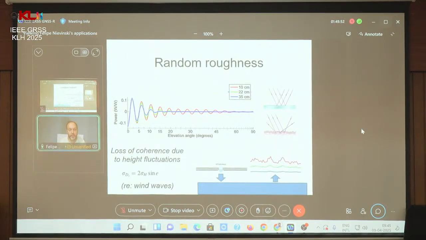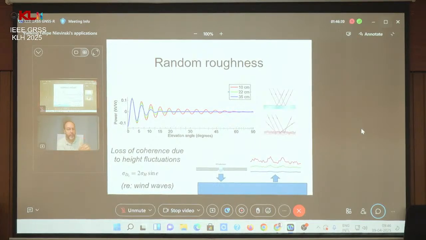The random roughness has a stronger response for high elevation satellites because the radio wave illuminates the whole surface, whereas at low elevation you get the reflection mostly from the surface peaks.